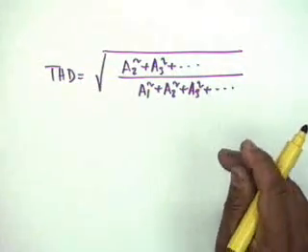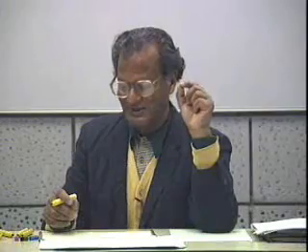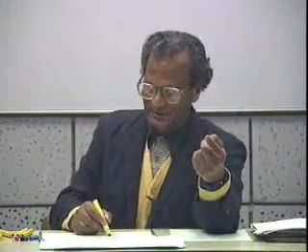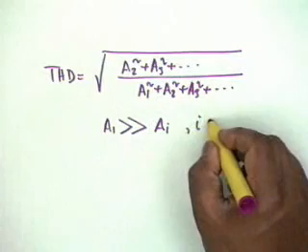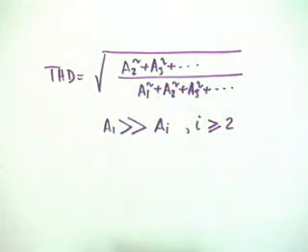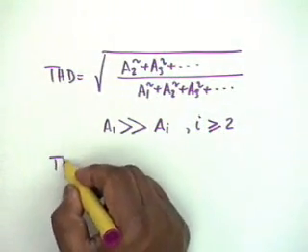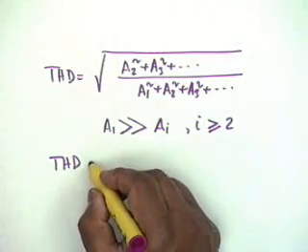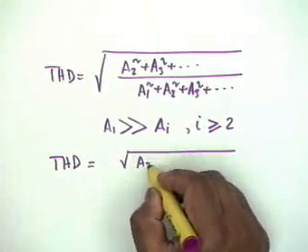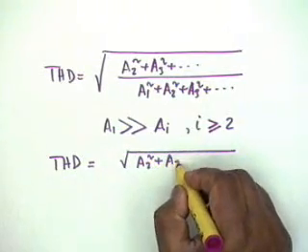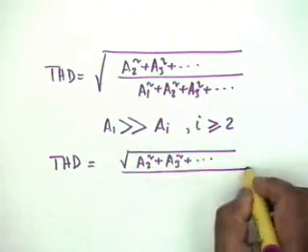Usually, what is our aim? Our aim is to make A2, A3, A4 as small as possible compared to A1. So, A1 is usually much greater than Ai for i greater than or equal to 2, which means that THD, total harmonic distortion, can be expressed as the square root of power in the harmonics divided by A1.